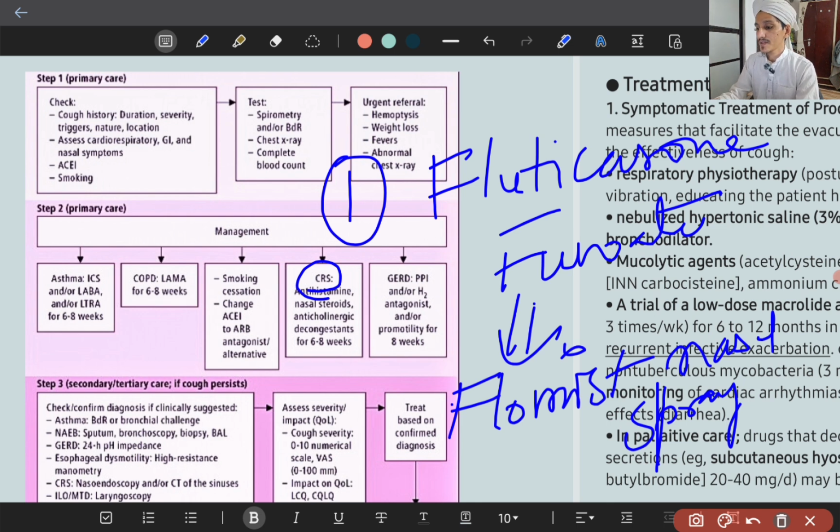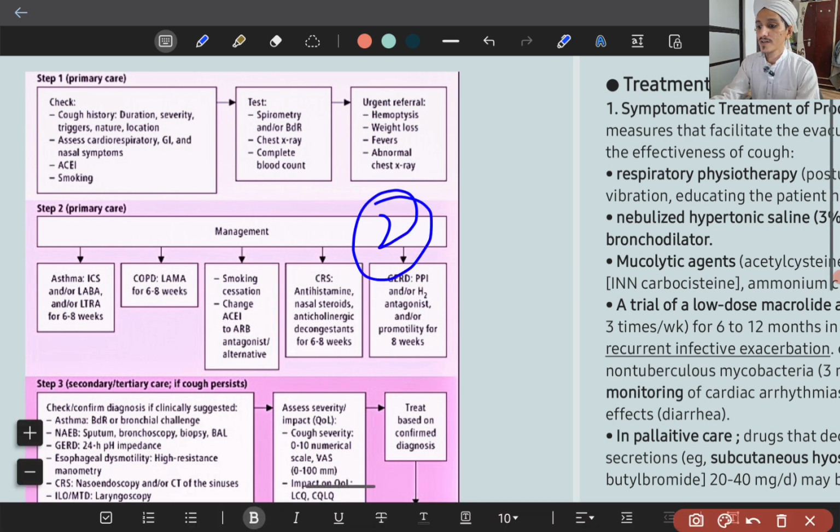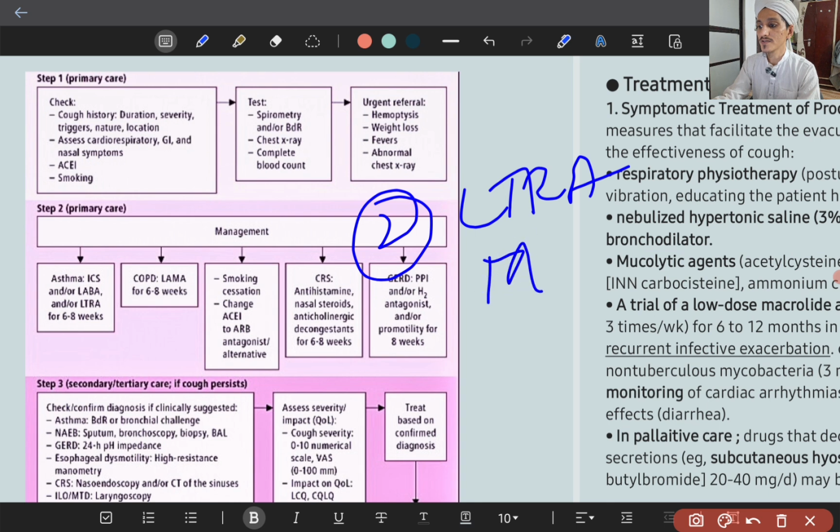Okay. And an alternative to this is a leukotriene receptor antagonist for chronic sinusitis, like montelukast. One more is zafirlukast, but that is not used routinely.